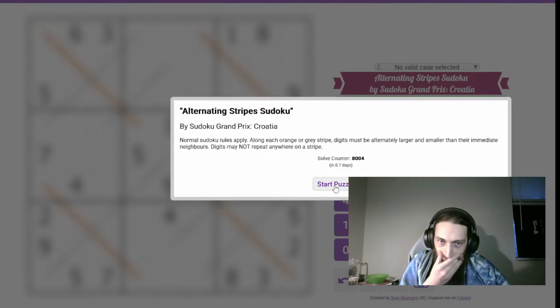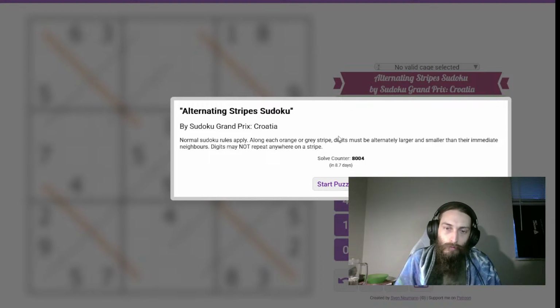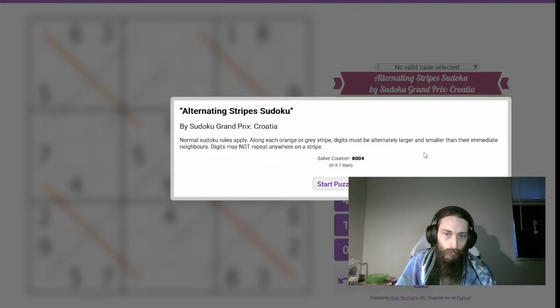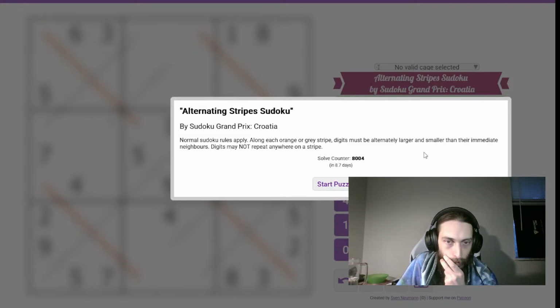Digits may not repeat anywhere on a stripe. So, for digits must be alternatingly larger and smaller than their immediate neighbors, then it's basically a thermo that we just don't know which direction it goes. Does that sound correct?